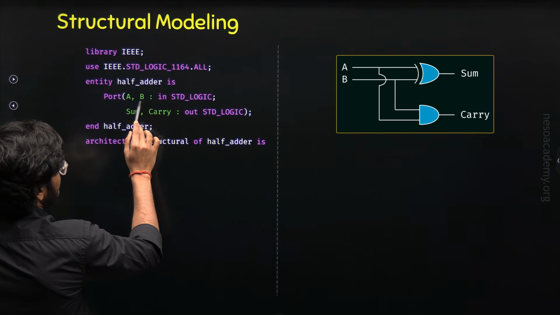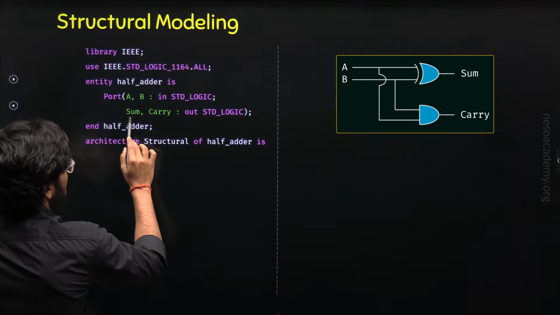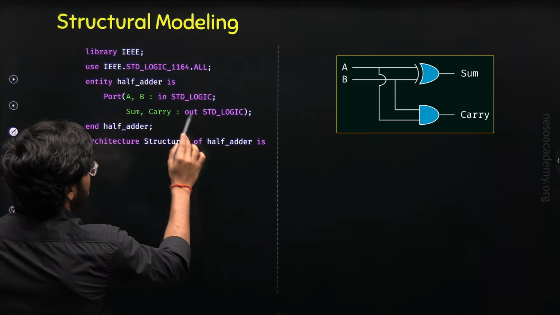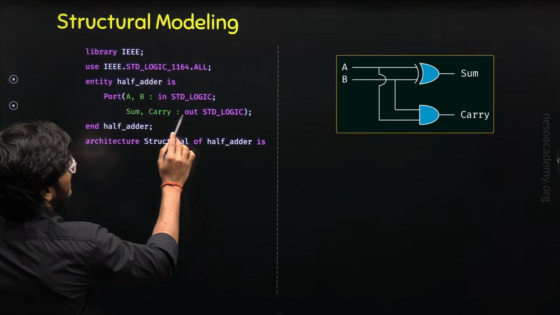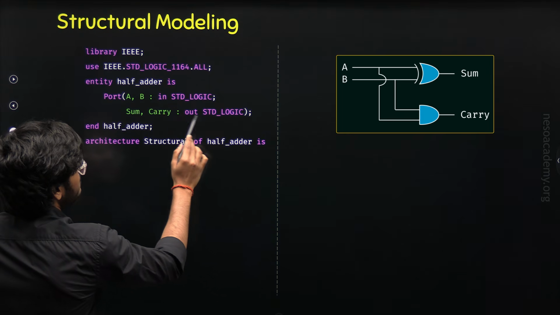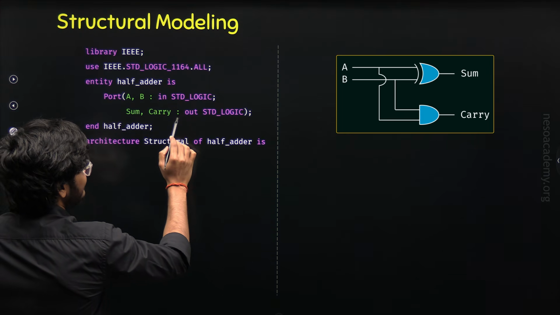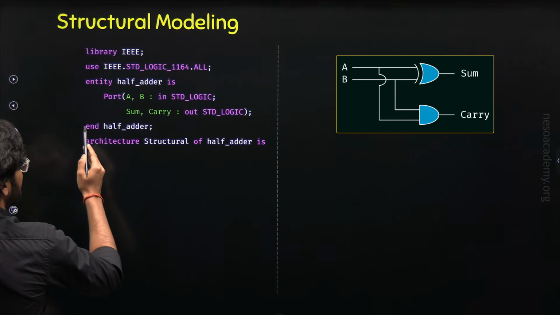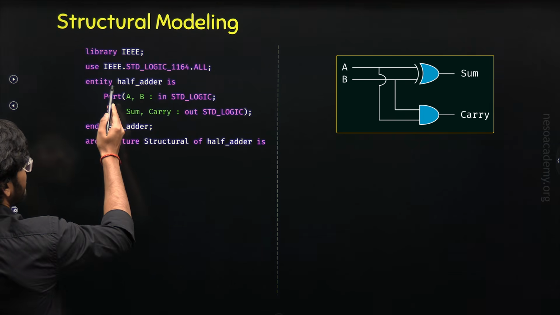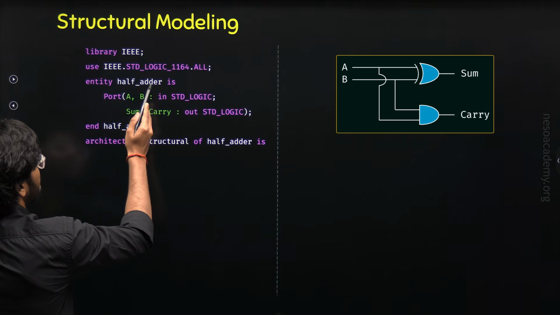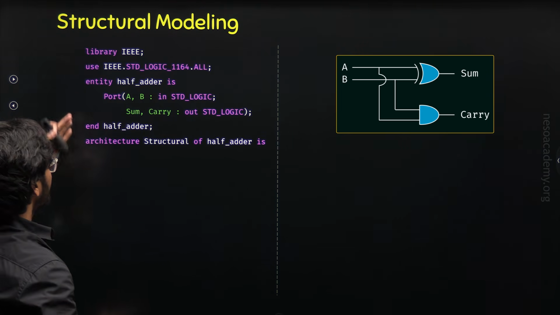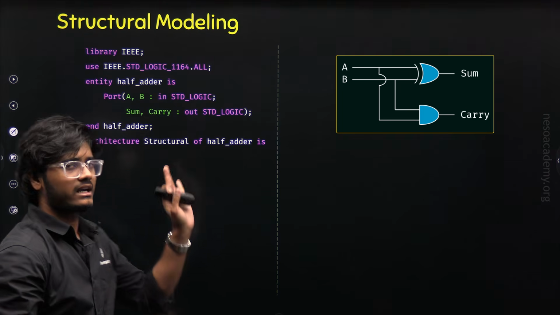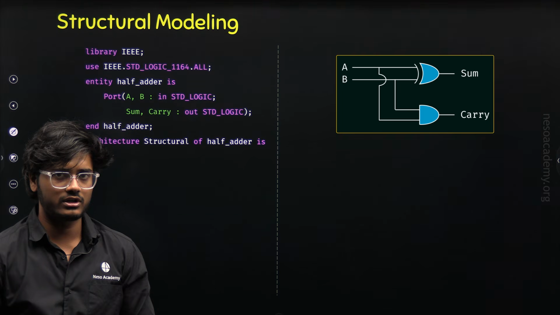Here, A and B are our inputs, and sum and carry are our outputs for the half adder. Both inputs and outputs are of standard logic data type. After port declaration, we can end this entity using the keyword end and the name of the entity, half_adder. Now after the entity, we will write the architecture for this structural modeling code.